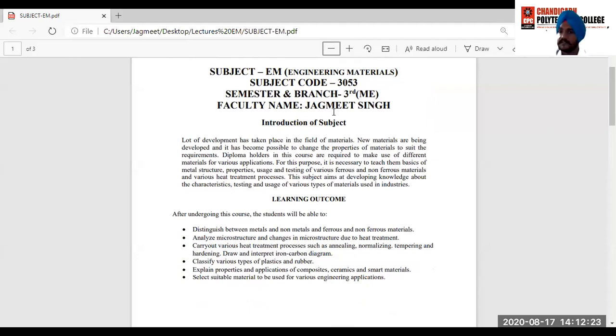For this purpose, it is necessary to teach them basics of metal structure, properties, uses and testing of various ferrous and non-ferrous materials, and various heat treatment processes. This subject aims at developing knowledge about the characteristic testing and various uses of materials and their industry applications.